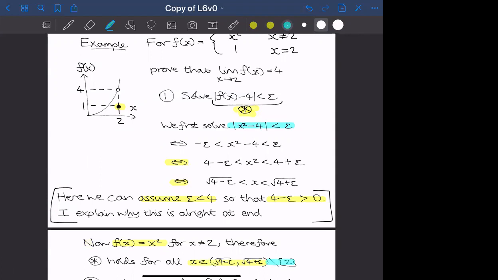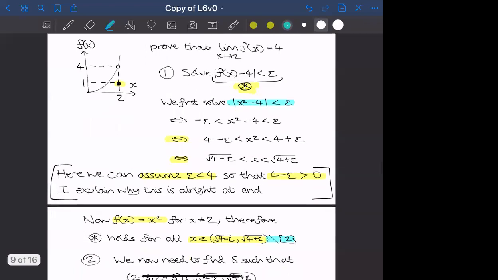So this is the kind of case where it's important to know if x0, in this case 2, is in your domain or not. You have to be careful. So we've solved star for that domain.